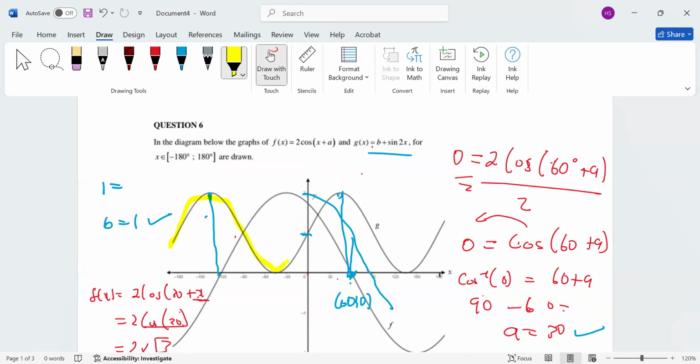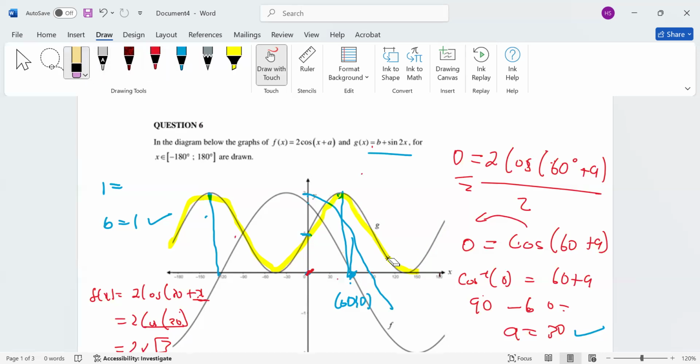Is there a shift? With the sine graph, there's no shift. So it was supposed to go from here, to 0, and then 0 to 90.